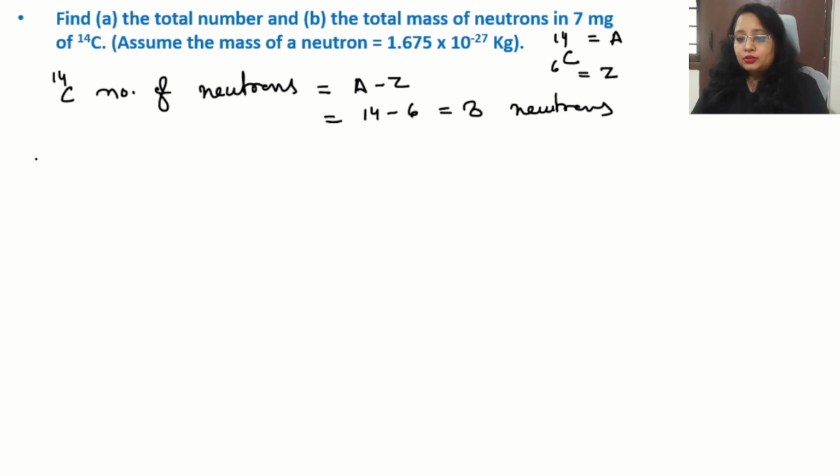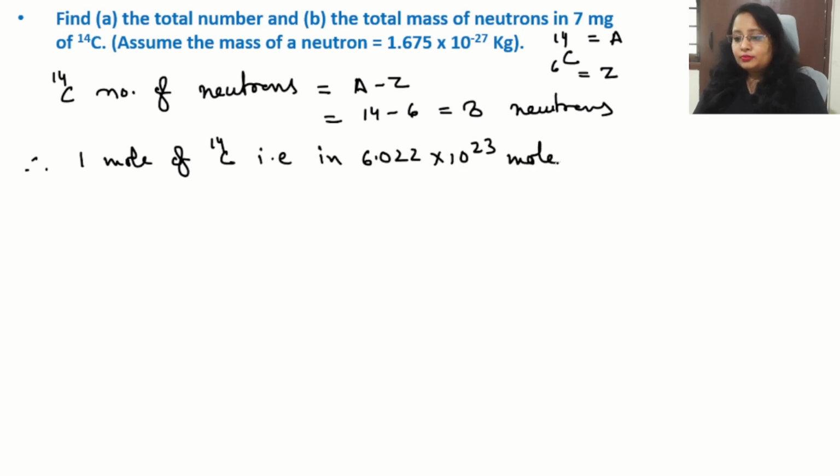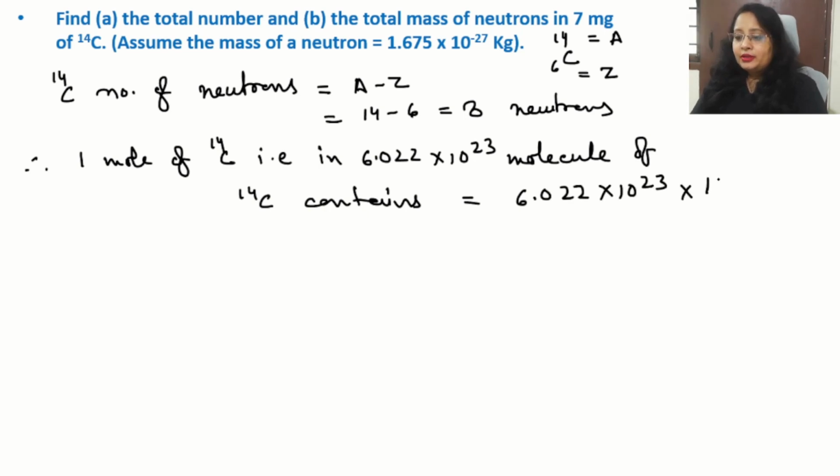Similar we will do, so that in 1 mole of carbon 14, that is in 6.022 into 10 to the power 23 molecules of C14 contain, similarly as we did the first part, 6.022 into 10 to the power 23 multiplied by 8, now we have the 8 neutrons. We are talking about neutrons.